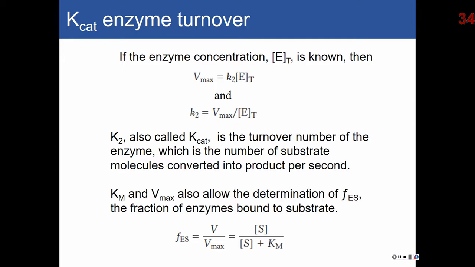So Km, or the Michaelis constant, and Vmax allow the determination of E sub S, or the fraction of enzyme bound to the substrate. So we can determine the fraction of enzyme bound with this equation here. Your velocity, how fast the enzyme goes, will depend on concentration, right? This is logic, this makes sense.